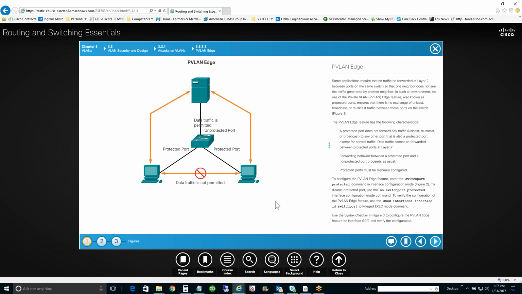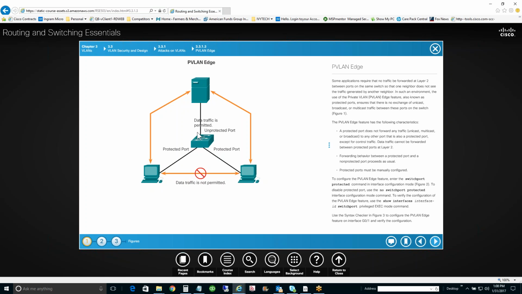Another thing, this isn't really an attack, but a way that you can better protect your network, and that is PVLAN Edge, otherwise known as protected ports. If you don't want any traffic under any circumstance to go from one port on a switch to another access port on the switch, you can make those ports protected.